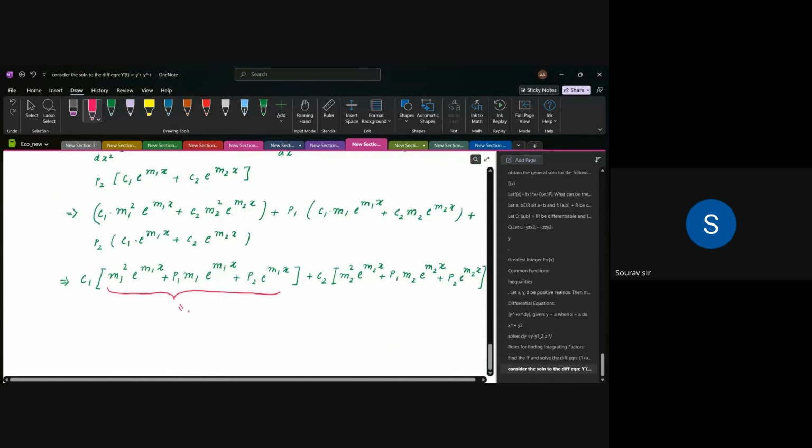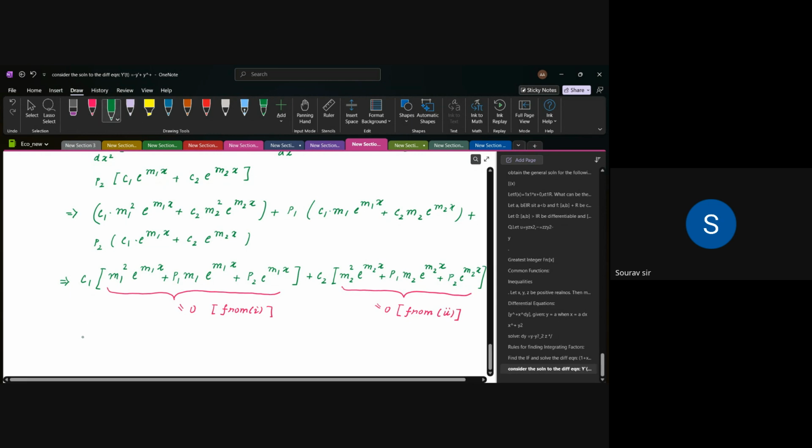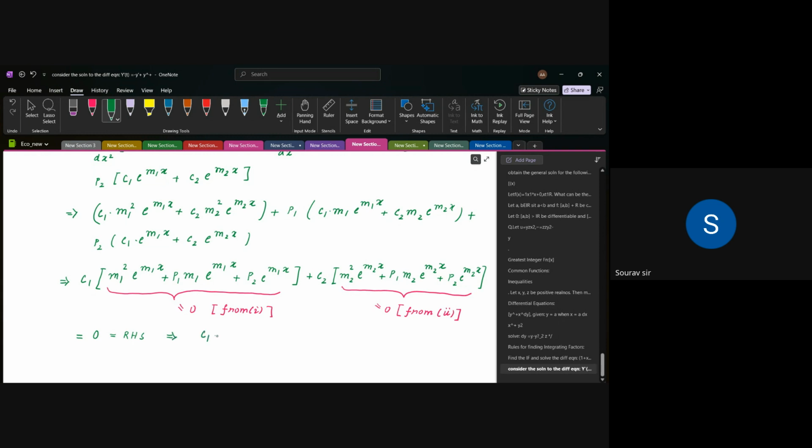So this is 0 from equation 1, right? And this part is also 0 from equation 2. Correct. So that means if you solve the LHS, this will be equal to 0, same as the RHS. So hence you can say that C1 e raised to the power m1x plus C2 e raised to the power m2x is also a solution.